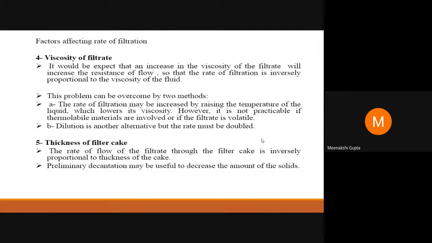If we increase the temperature of the slurry, the viscosity will decrease. But it cannot be used for thermolabile material. The second way is dilution: we can dilute the slurry and then do the filtration. So the viscosity problem can be overcome in two ways: by increasing the temperature or by diluting the slurry.